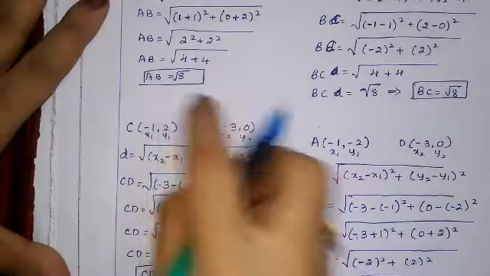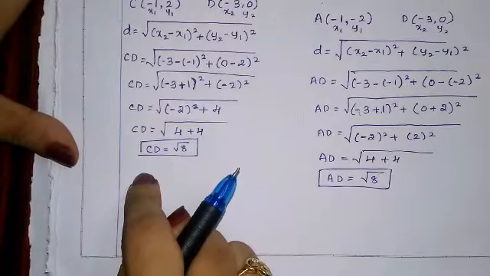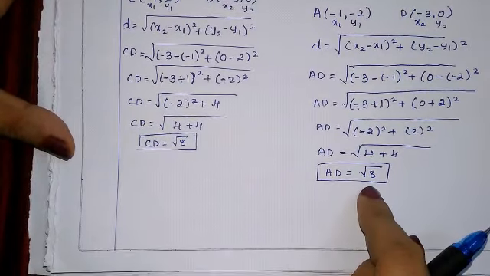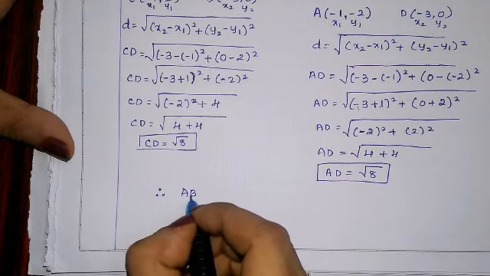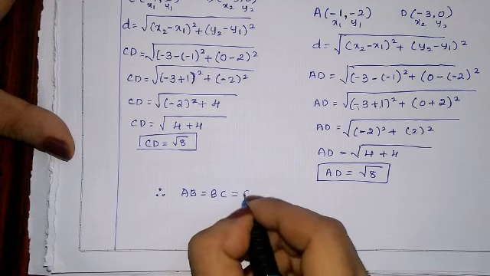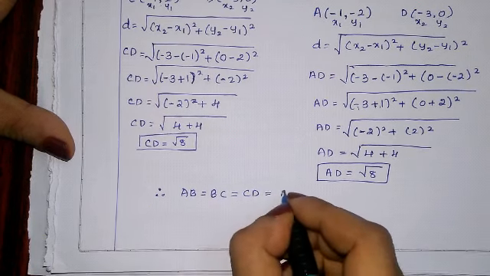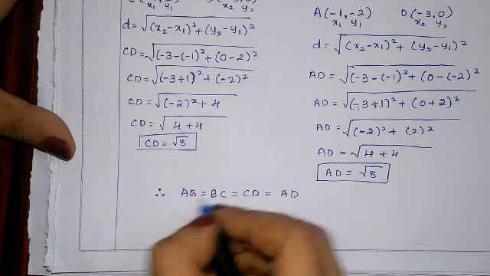So we can see here AB is root 8, BC is root 8, CD is root 8 and AD also root 8. Therefore AB equals BC equals CD equals AD. Here all sides are equal.